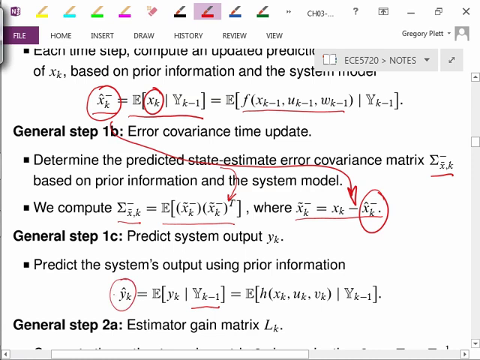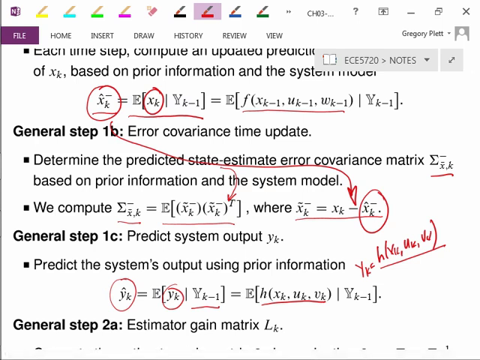So y hat has to be a prediction. We are aided by knowing that our model is yk equals h of xk, comma uk, comma vk. That was our output equation, or measurement equation, of our model. To find the expected value of yk, I substitute in the model equations. Once again, to go any further, we would have to know more details about what h is, so we defer that to later sections.